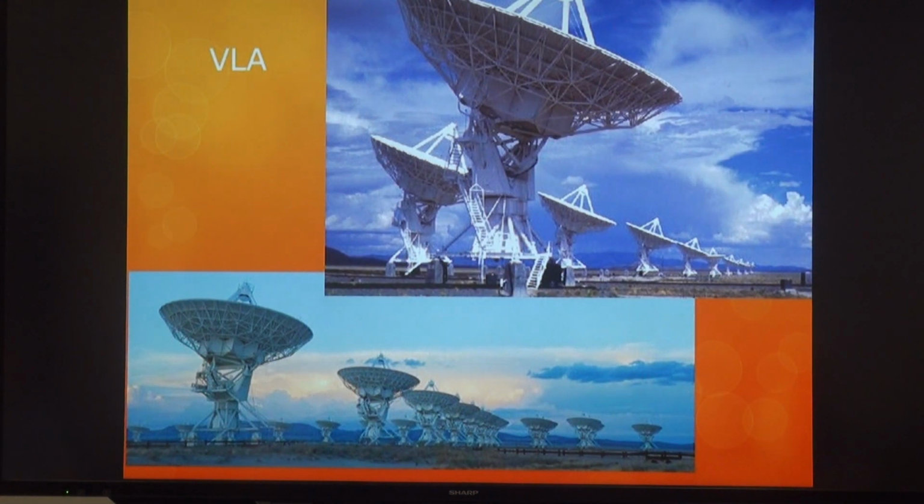And then we have the VLA. The VLA is out, I think, in Arizona, and it's basically 27 dishes, okay? And by spacing them farther apart, they get something called interferometry, all right? By putting their signals together from two locations that are 100 meters apart, you get the effect of having a 100-meter dish.